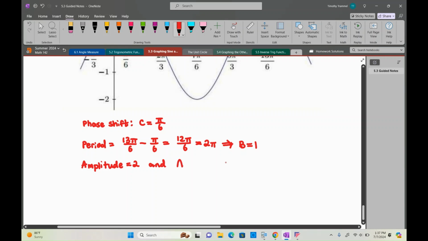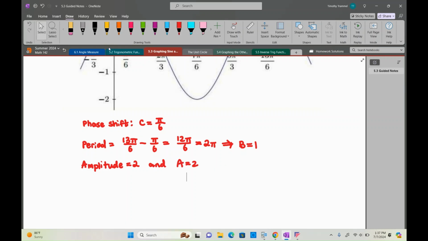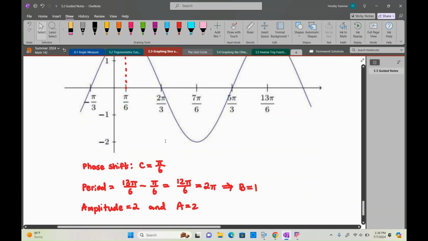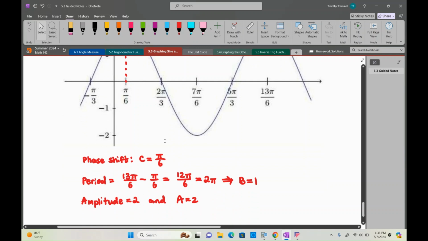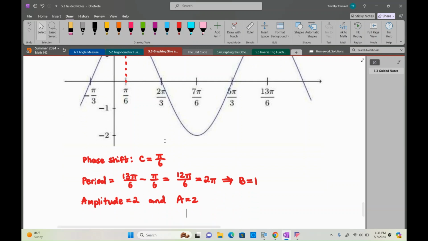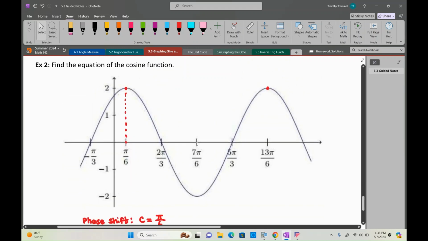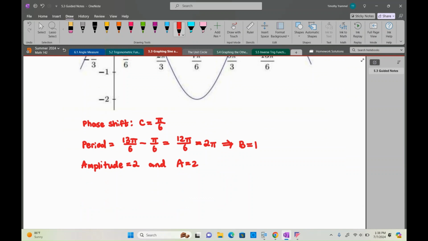And I should also note, well, A equals 2. That's the more important part here. And then lastly, has there been a vertical shift? Is the middle of the wave shifted off of the x-axis? And the answer to that is no. There has been no vertical shift here. So D is equal to 0.